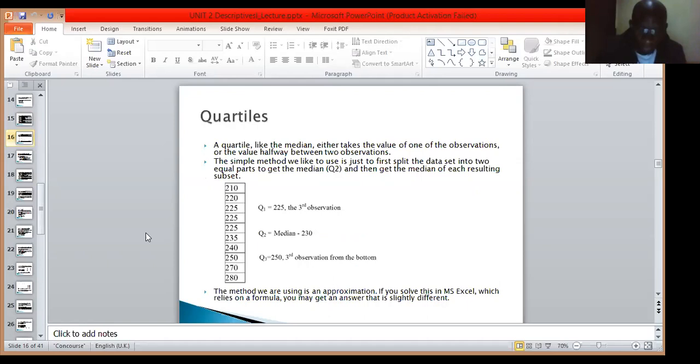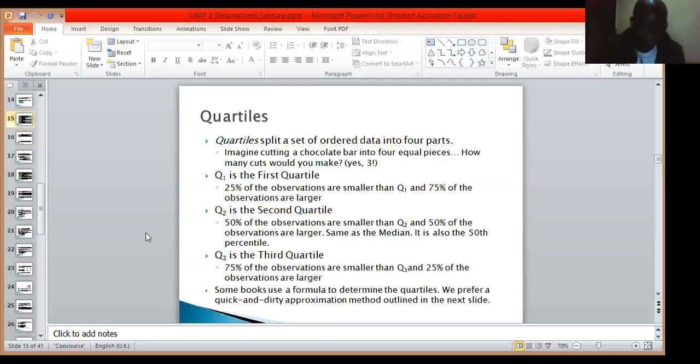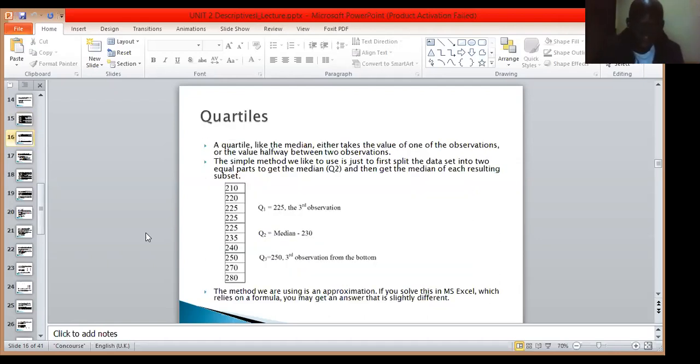Once arranged, you split that data into 4 parts, and depending on how many measurements are in each part, that will be the way you identify your quartiles.